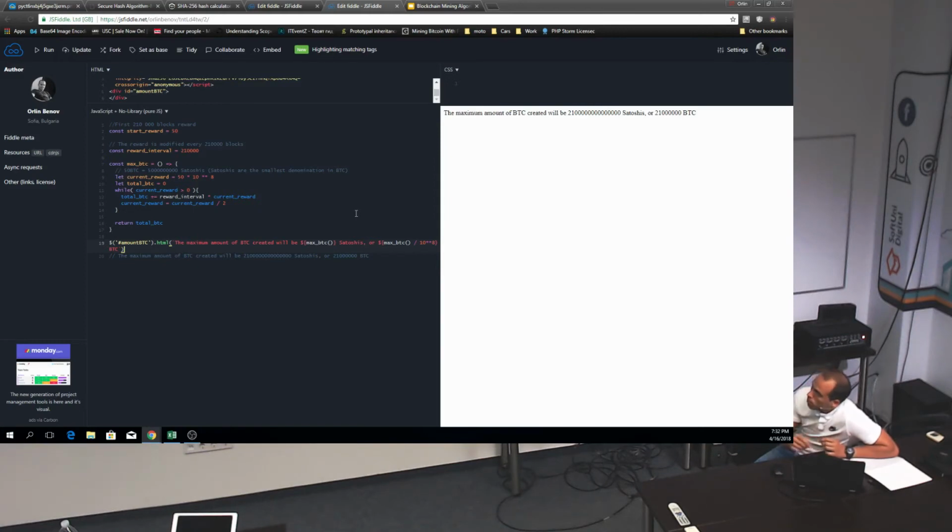After 4 years or another 210,000 blocks, we have the reward that is currently 12.5, and over the time it's going to become 0. As we said, this is supposed to happen around 2040, and at this point all the miners on the network are going to be awarded only with the transaction fees. There will be no bitcoins.